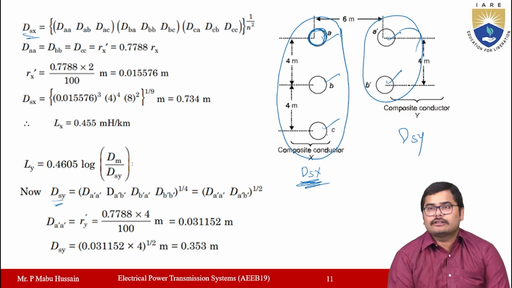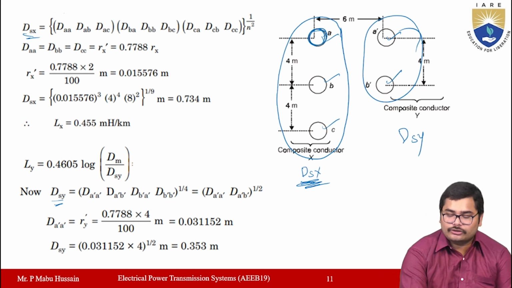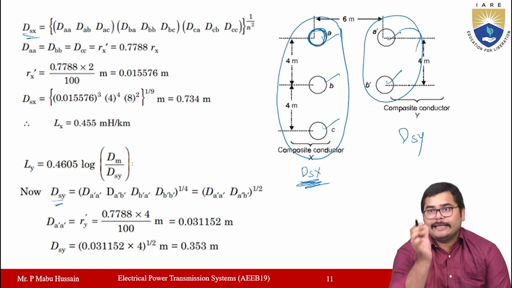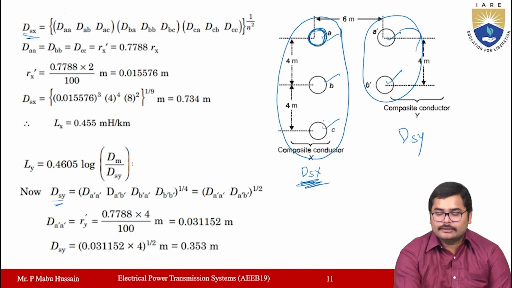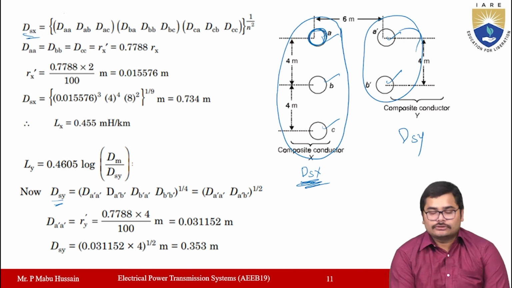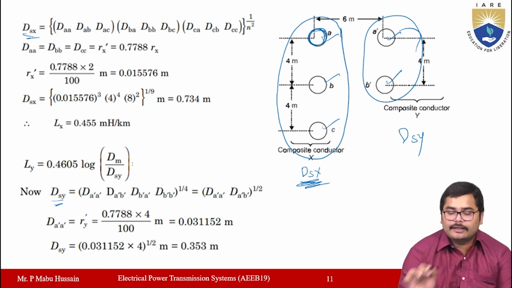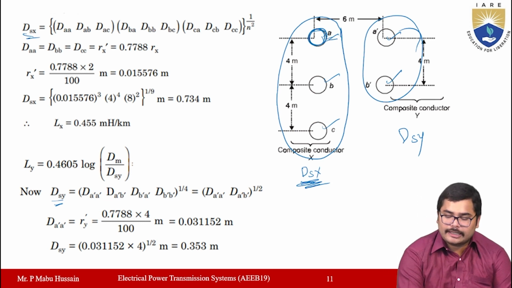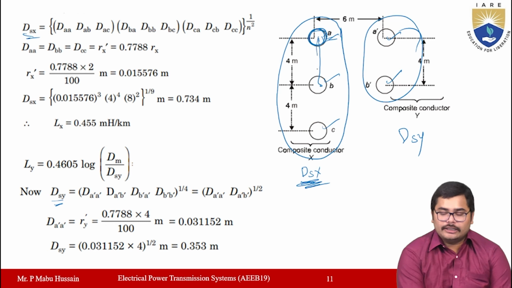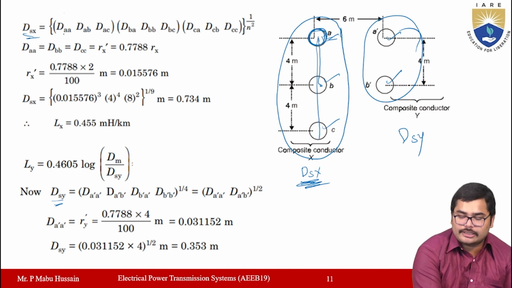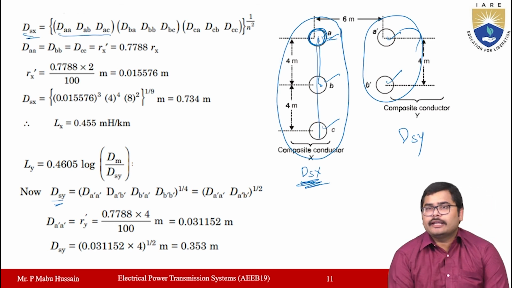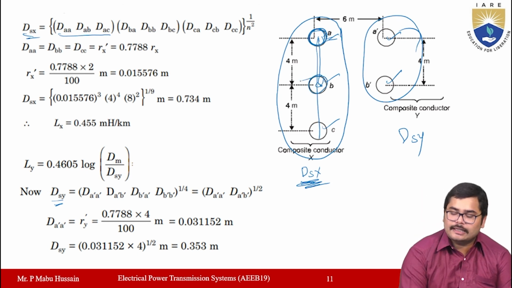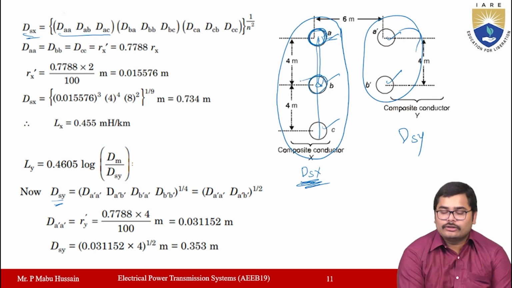The self distance is nothing but DAA, right? So if you take A, DAA, then DAB, then DAC. That is one set. Now if you take the second conductor B, all possible distances will be DBA, DBB, DBC. If you take the conductor C, you will get DCA, DCB, DCC.